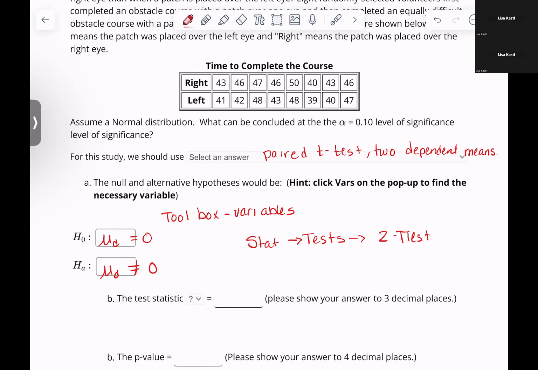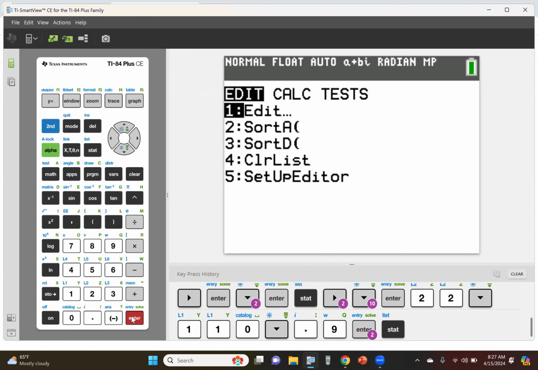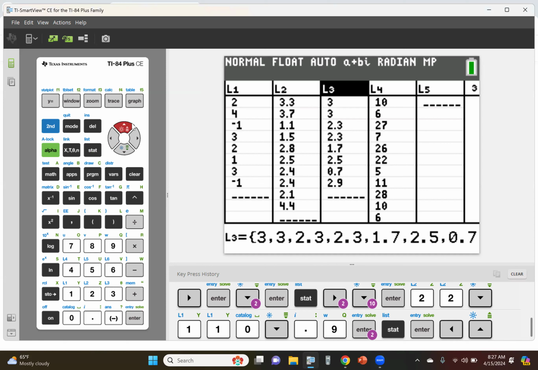So how do you find the differences in that data? So if I were you, I think I put the differences in just to save myself some work. I actually calculated the differences and put those in. So what I would do is I'd go over to L3, and you go up and highlight the L3.